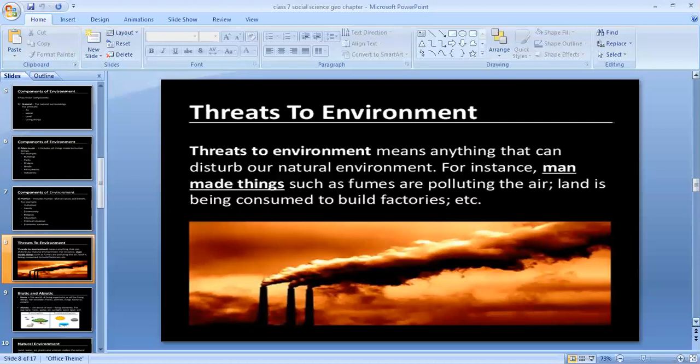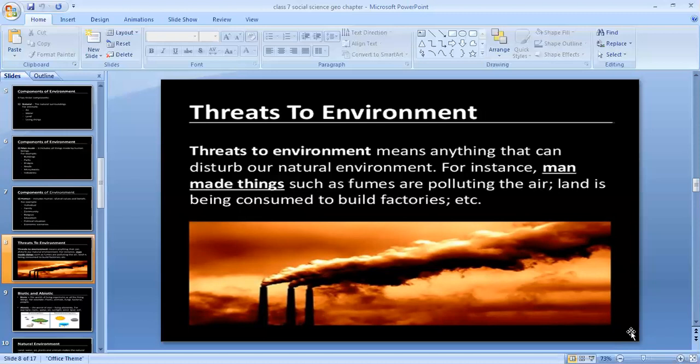Take the example of a car or another vehicle that runs on the road for our convenience. Human beings have made these things for our convenience, and that creates pollution in our environment.